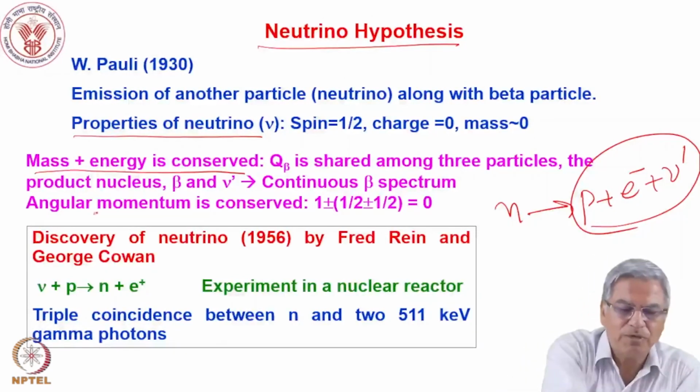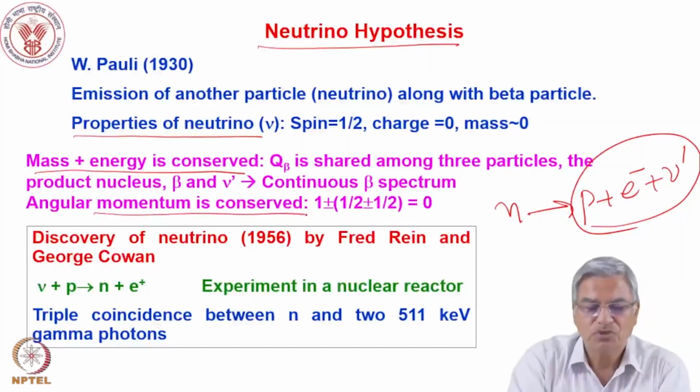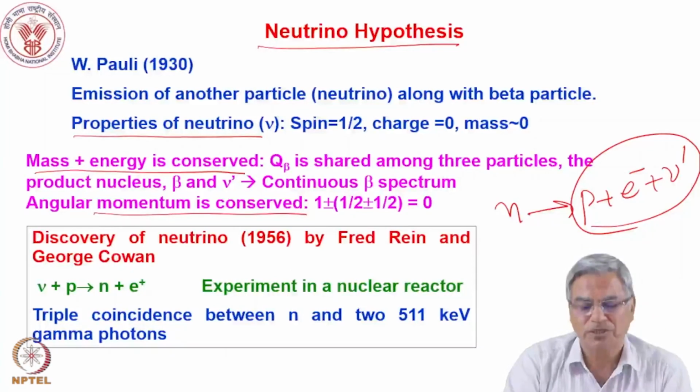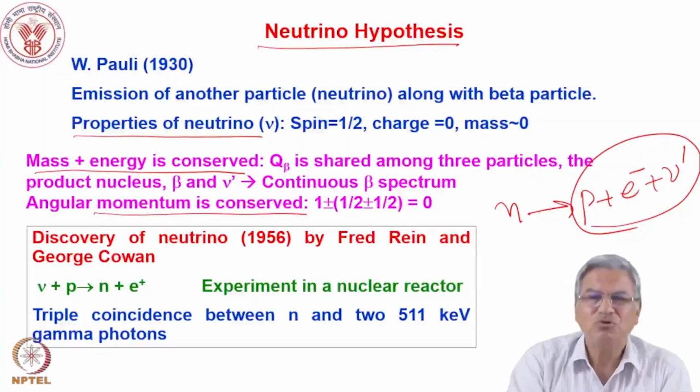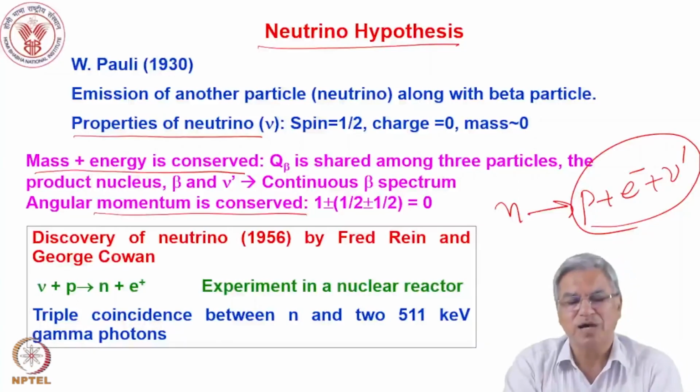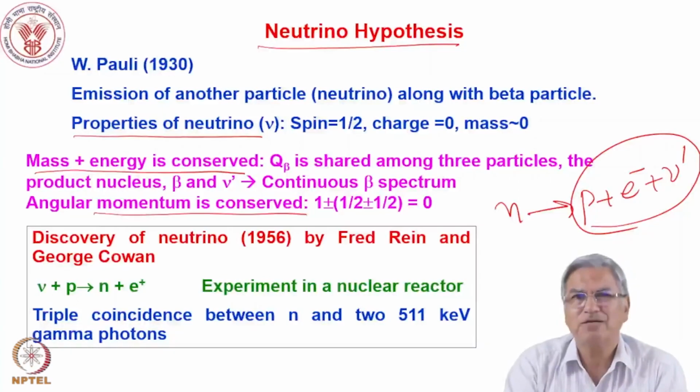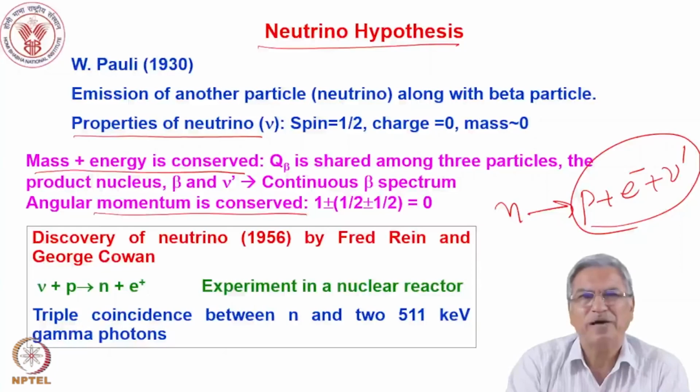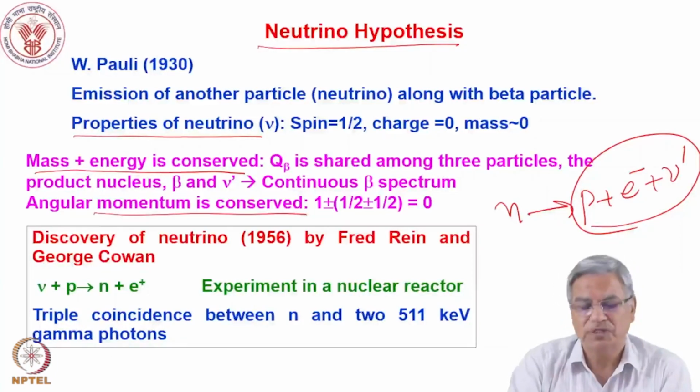Similarly, the angular momentum can also be explained now. You have phosphorus 32 in the 1 plus state, an electron goes out, and a neutrino is also emitted, both having spin half. So the angular momenta can couple in a way with L plus or minus half, and there is a combination of L and S1, S2.